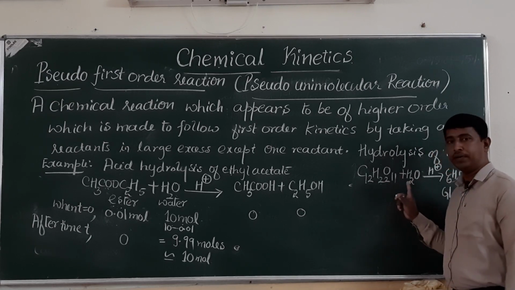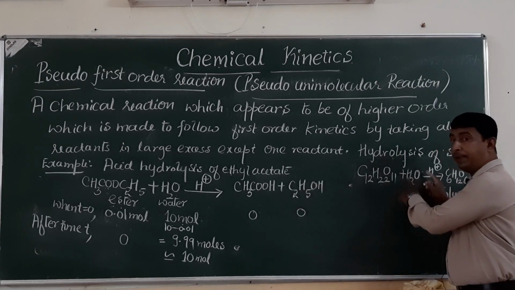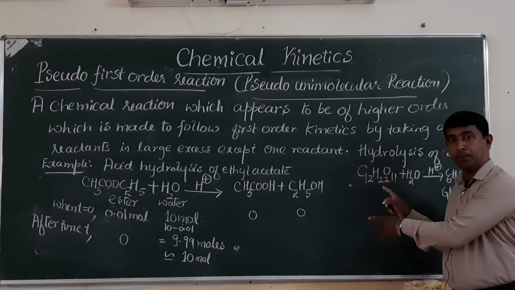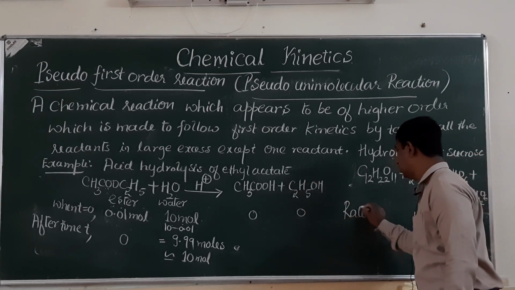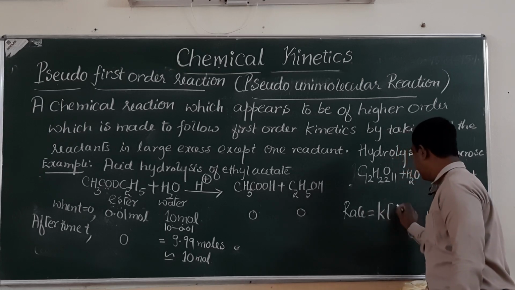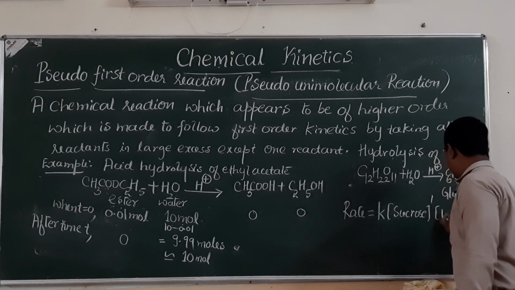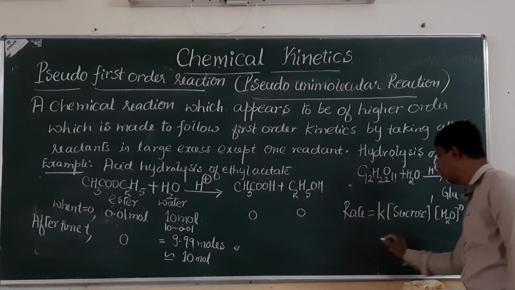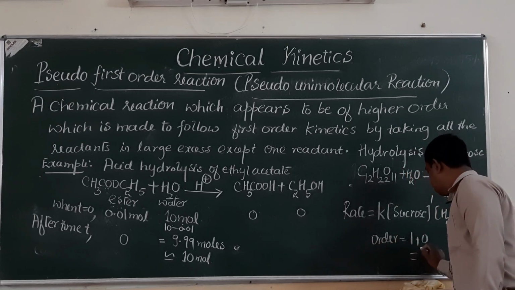It is independent of the concentration of water, whereas rate is directly proportional to the concentration of sucrose. So the rate law can be written as rate equals K into concentration of sucrose power 1, concentration of water power 0. So order is equal to 1 plus 0, equal to 1.